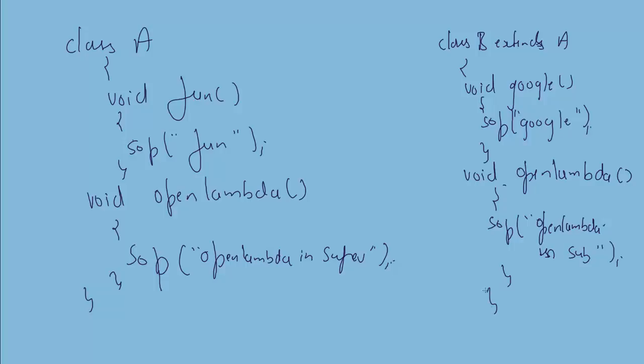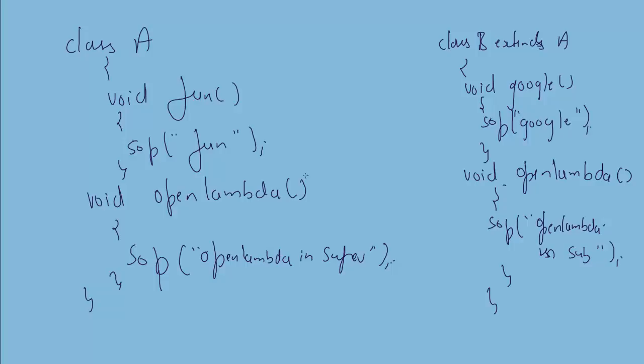Observe here: there is a method in the superclass, and a method with the same signature in the subclass. The signature is same in two different classes when they are in relationship. If class B doesn't extend A, then there is no issue at all, and the concept is nowhere called overriding.